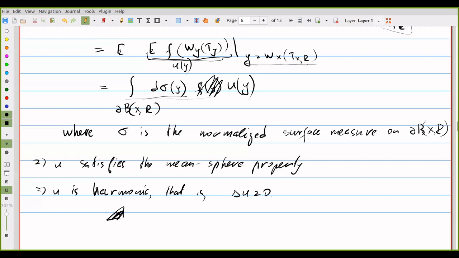I wanted to tell you about the relation between elliptic equations and probabilistic tools. So there is some asymmetry between probability and PDEs. They are not entirely equivalent. Something you get, something you lose.